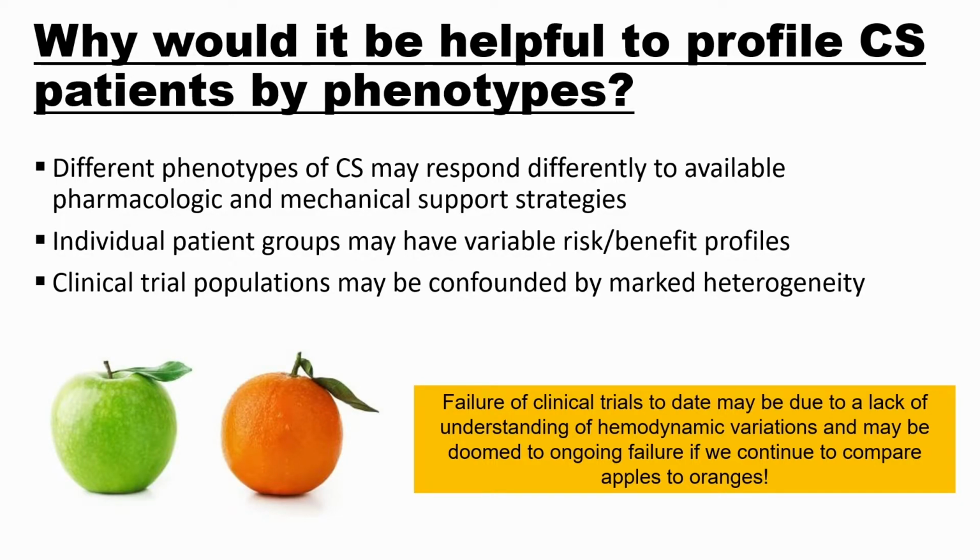It's also possible that individual patient groups, perhaps separated by phenotypic presentations, may have variable risk-benefit profiles, particularly when applying different therapeutic strategies. And I think if you look at the clinical trials that have been conducted so far, we could probably all agree that there's a likelihood that many are confounded by marked heterogeneity in the patients that we include.